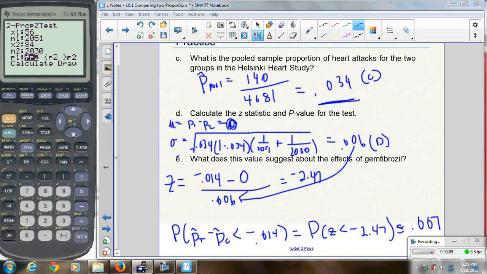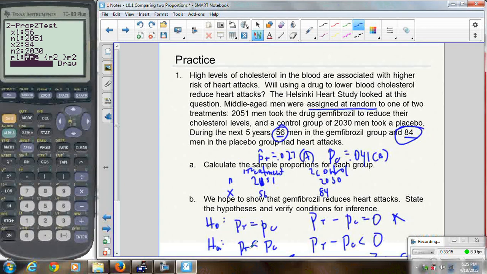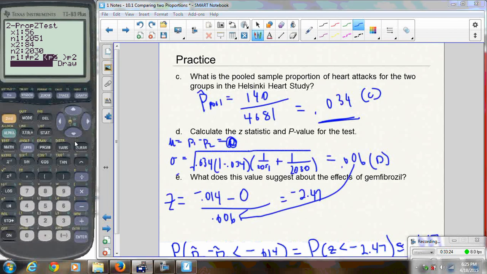No, I didn't do wrong. Nope. I'm not sure. Oh, it's not a two-tail test. There we go. Sorry. It's a lower tail test. So I think p1 is less than. There we go. Sorry, that's embarrassing. All right. Now it should work. There we go. All right.